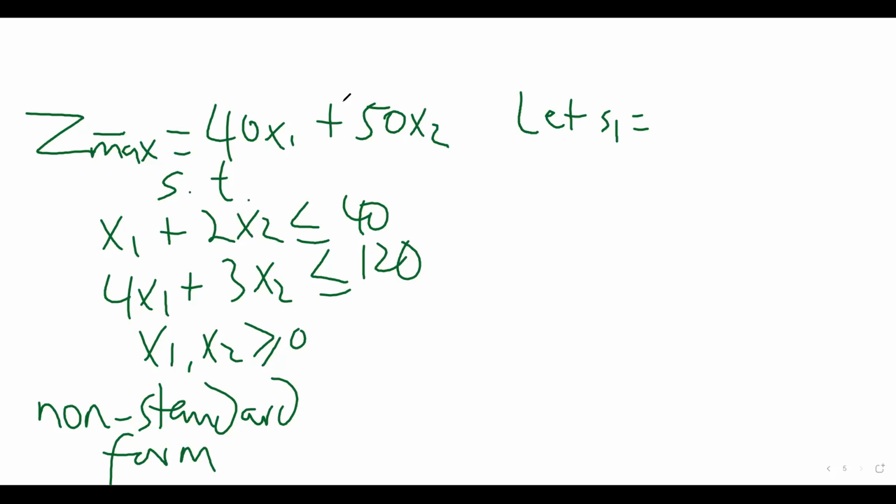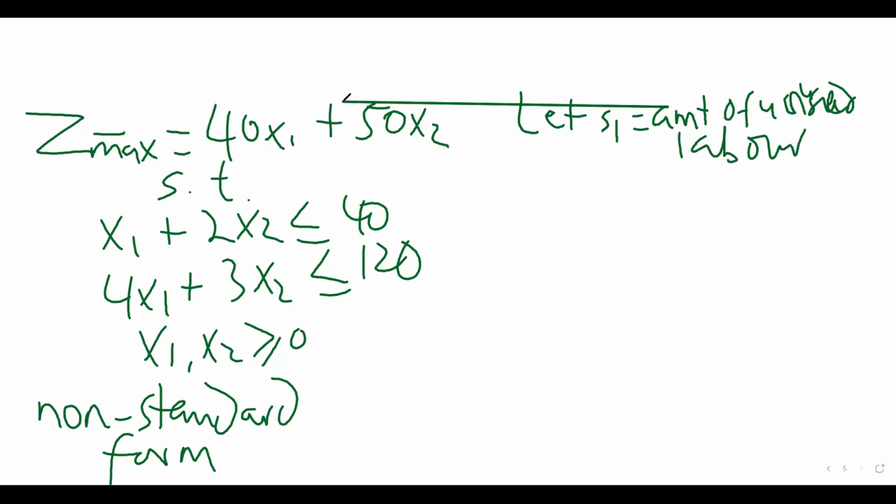S2 should be the amount of unused milk. The reason why we chose S1 and S2 is because there are only 2 constraints.